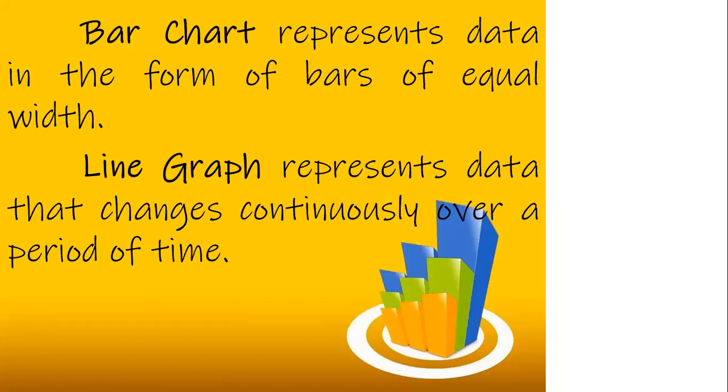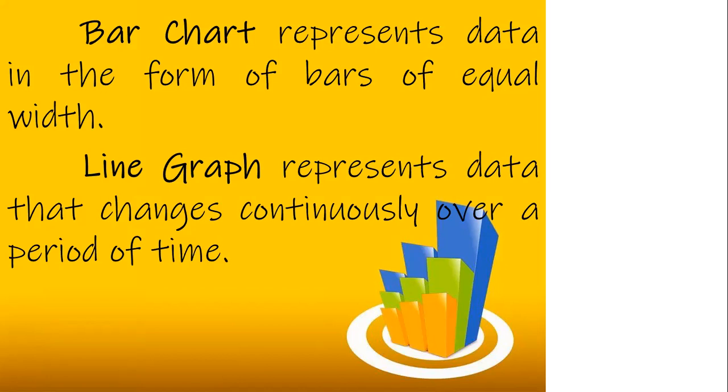We have also bar chart, which represents data in the form of bars of equal length. Bar chart, that is very familiar to us. What is a bar chart? And take note, it is emphasized that it should be equal in width. Why?